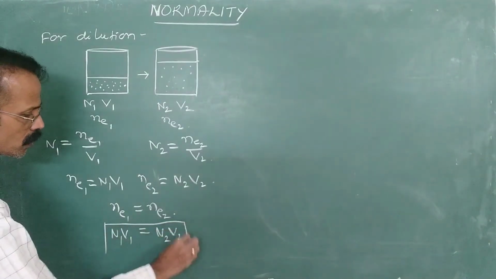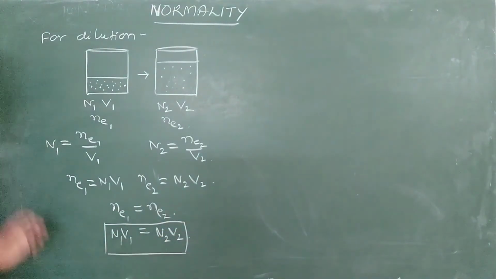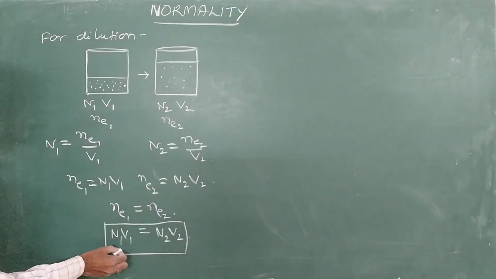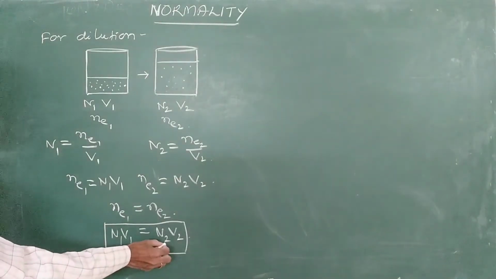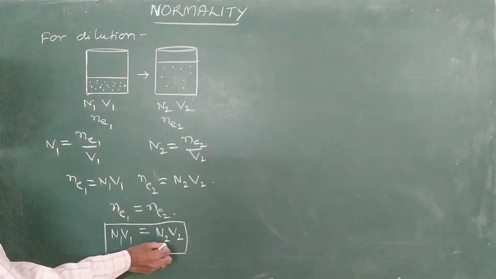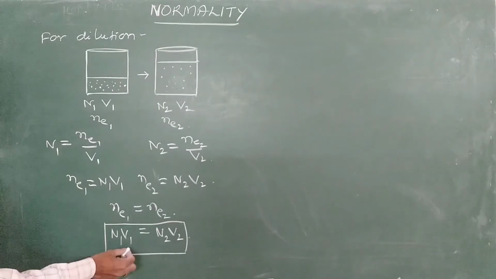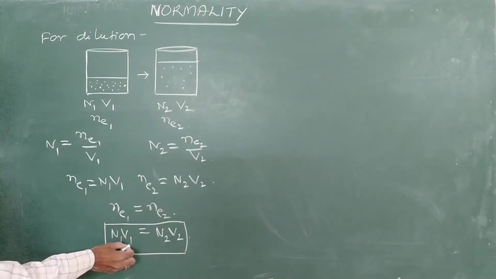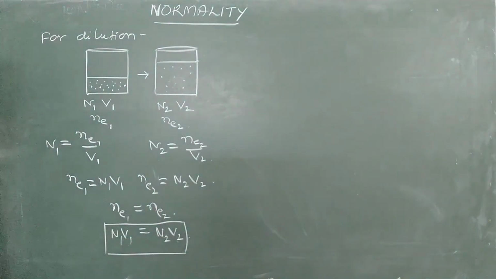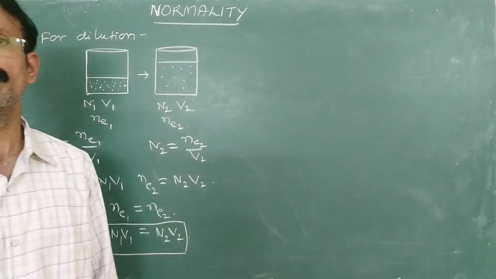So now the formula is N1V1 is equal to N2V2. So if you know the normality before dilution, you can calculate normality for dilute solution. V1 is volume before dilution, V2 is the final volume, that is volume after dilution.